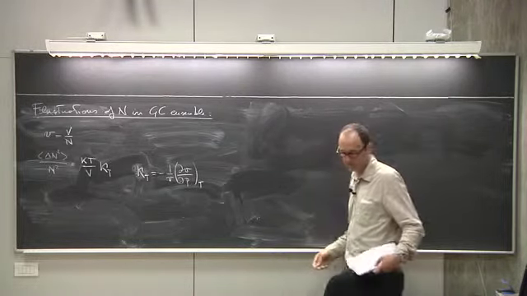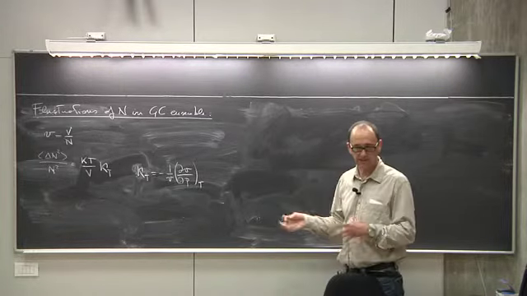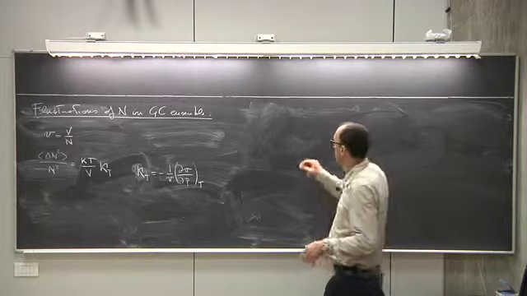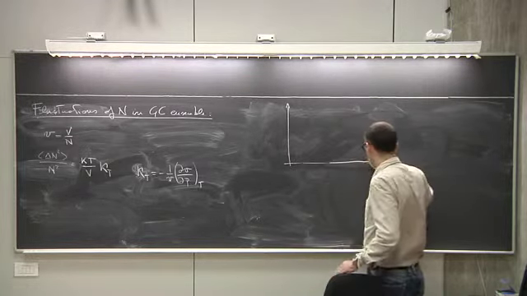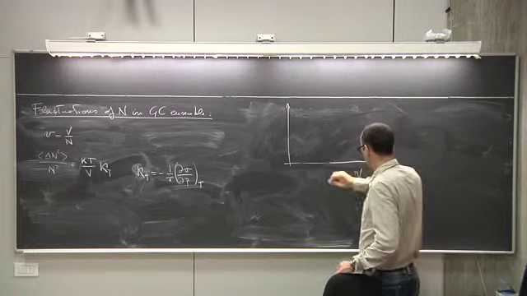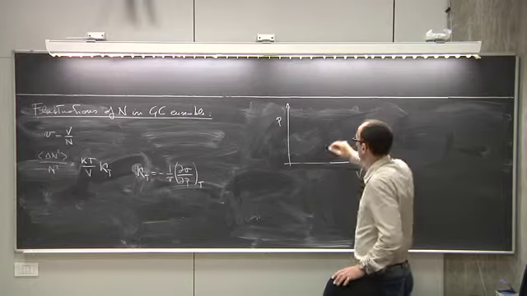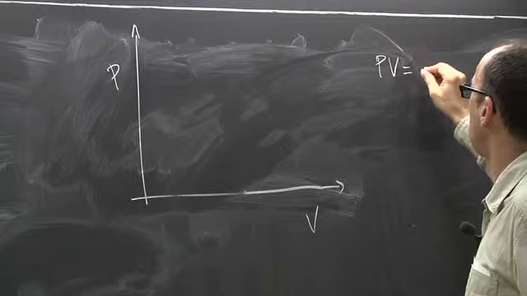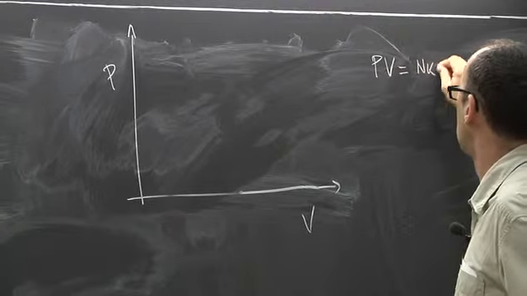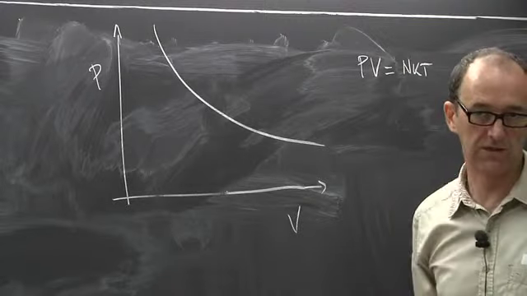If you consider a gas and a liquid in equilibrium, then you can draw isotherms in the VP plane. At high temperature, you have PV equal to N kT. So these are just hyperbolas, right?